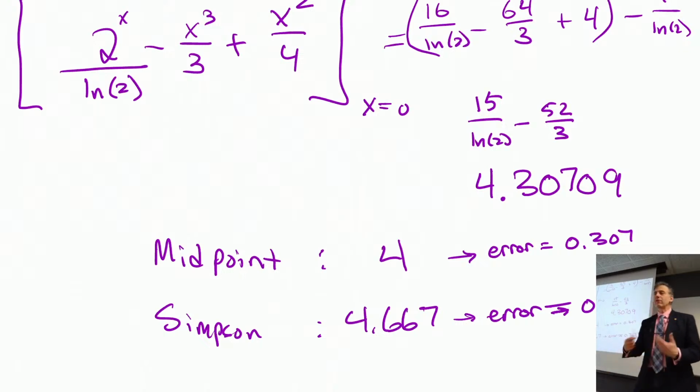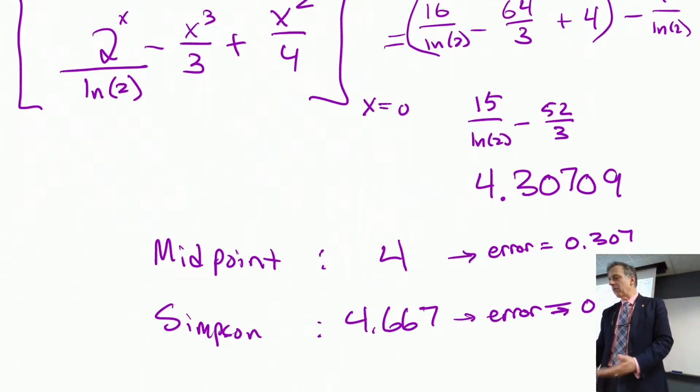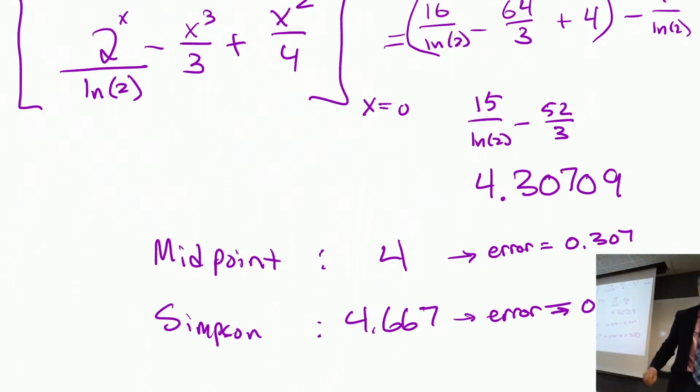Like I said, I want to figure out how quickly I am going to get to the truth. With the midpoint rule, the error will decrease on the order of n squared, and with Simpson's rule it will get smaller on the order of n to the 4th.